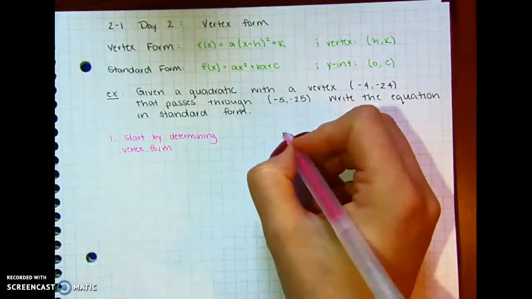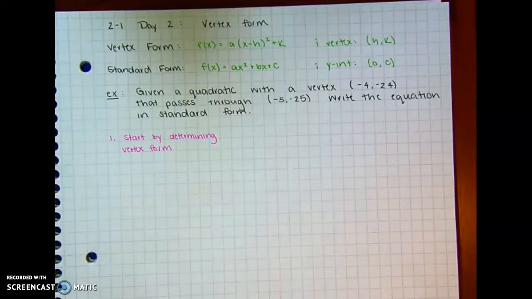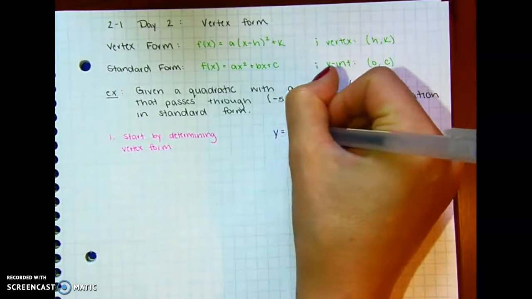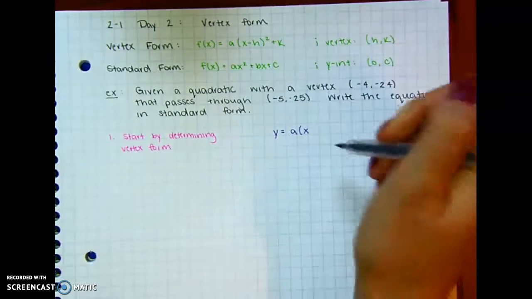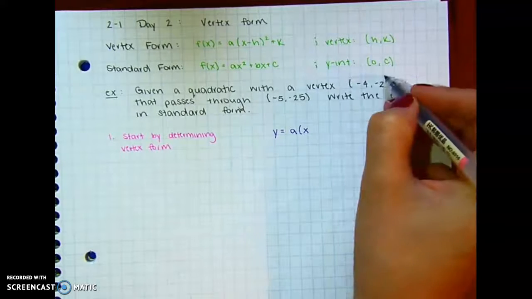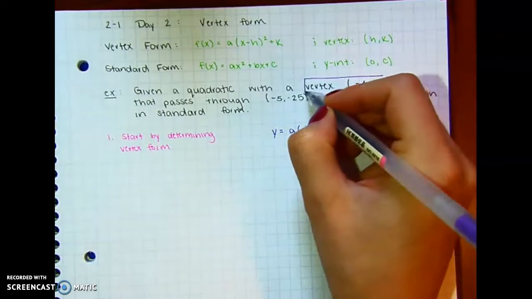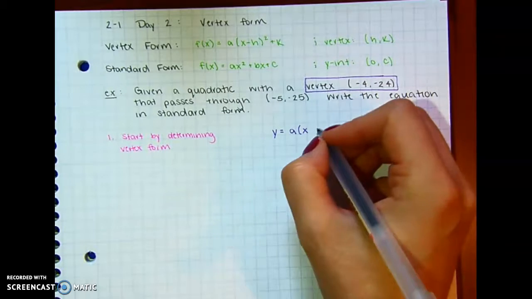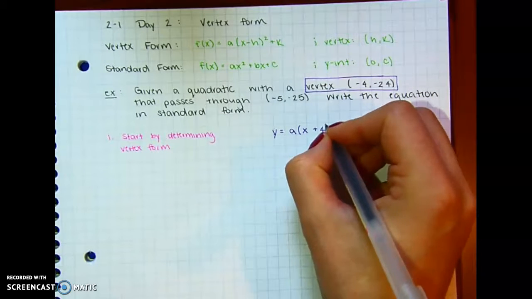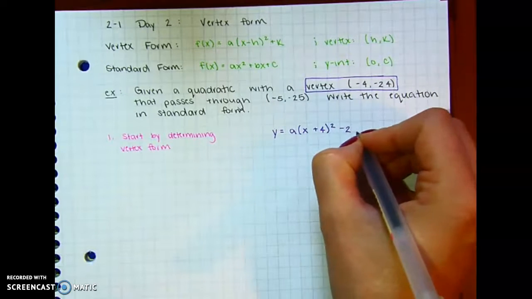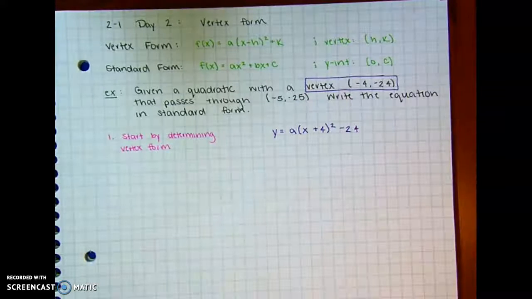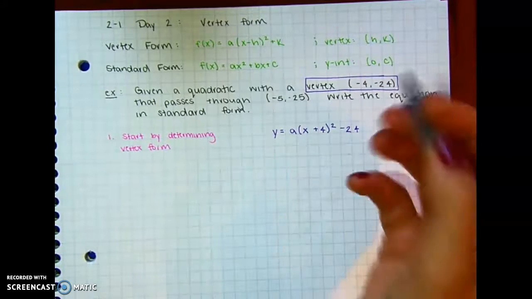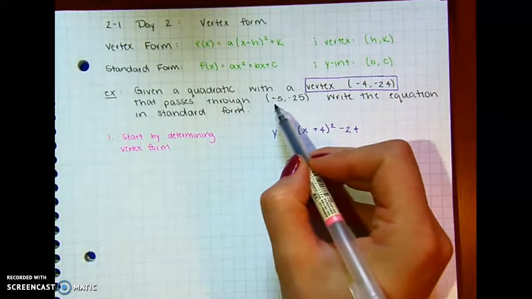So you substitute in what you know. y equals, we don't know a yet, but we do know the vertex, so x minus h. Here's the vertex. Careful not to mix them up. So plus 4 squared minus 24. I need to substitute in a point so I can solve for my a value. We are given that point.